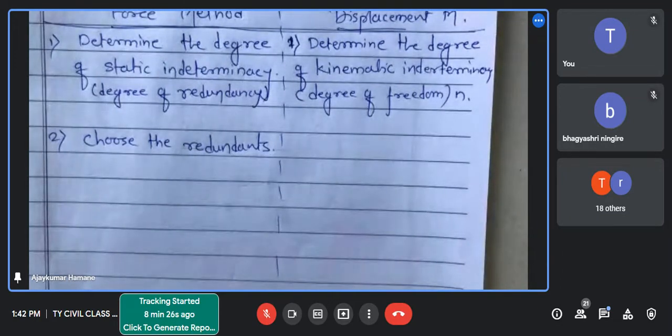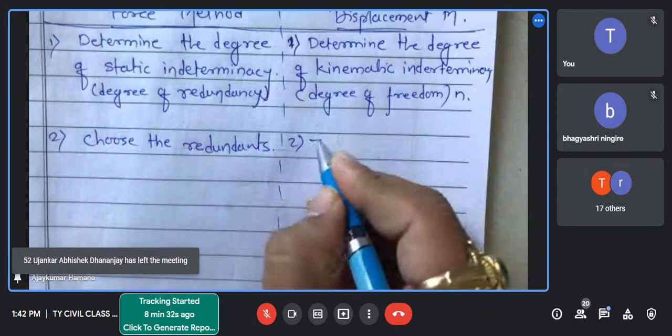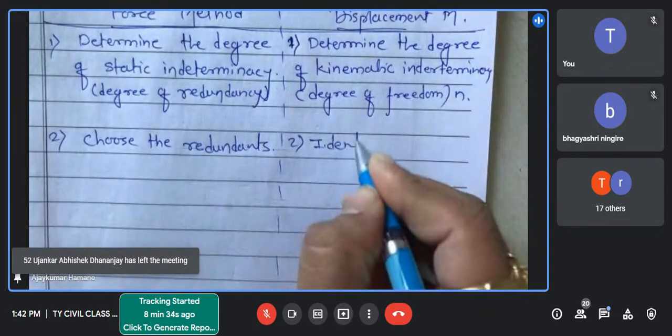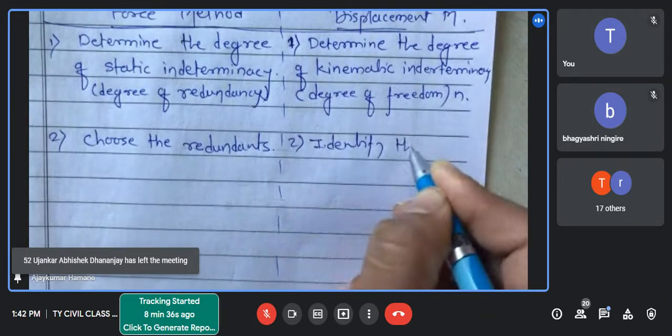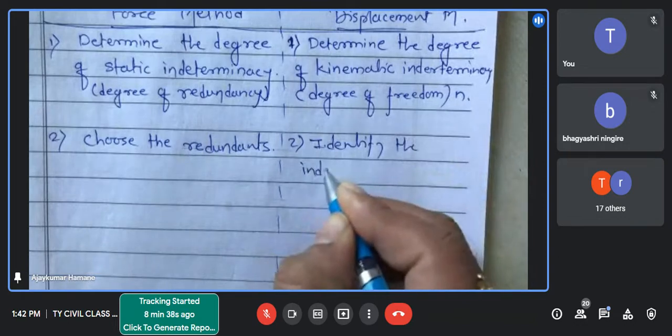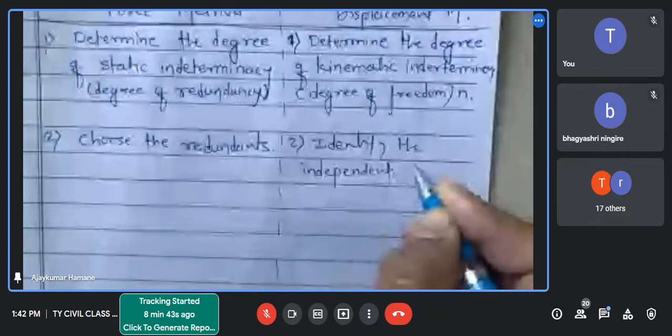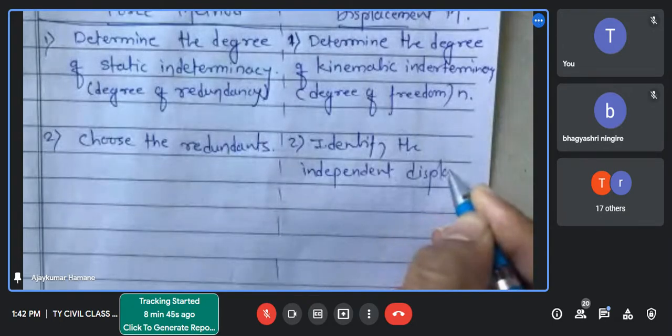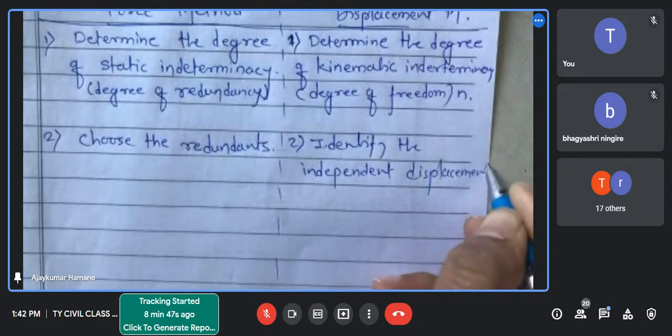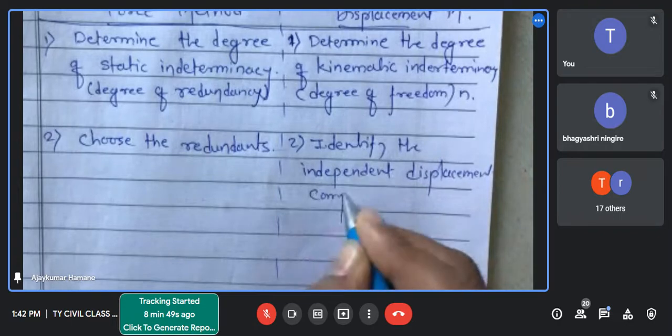And in the stiffness method, we have to identify the independent displacement components.